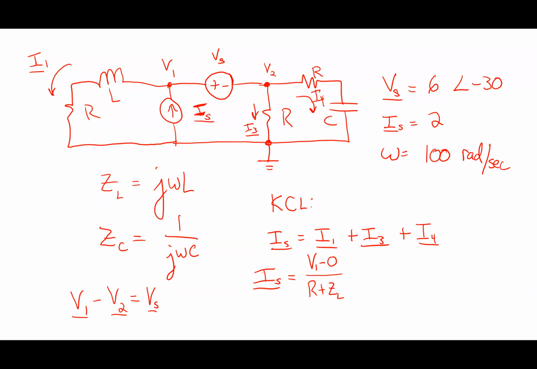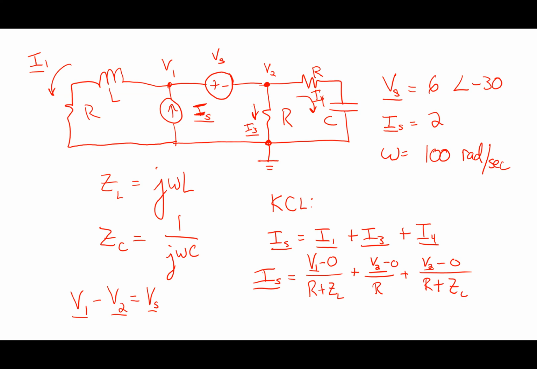For I3, what would that be? V2 over R. And what's I4? V2 over R plus ZC. I'll put minus 0 because it's always minus another one, but in this case it's just minus 0, so it simplifies out.